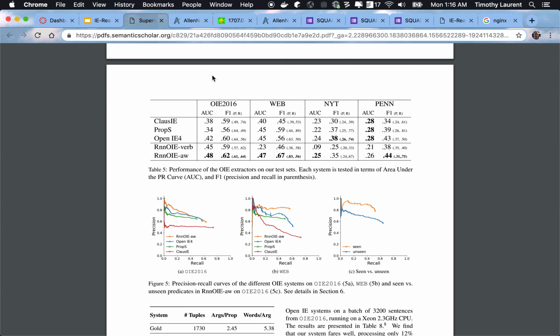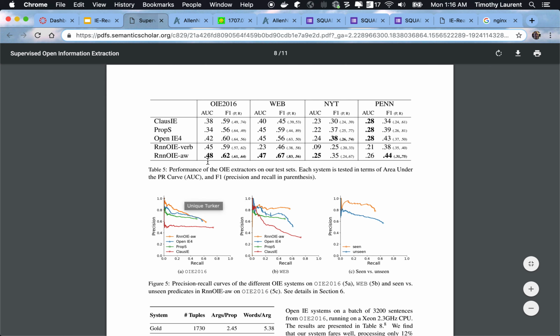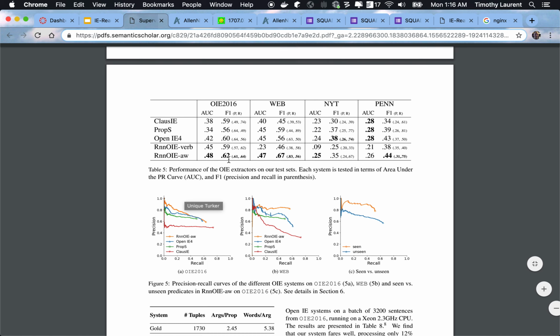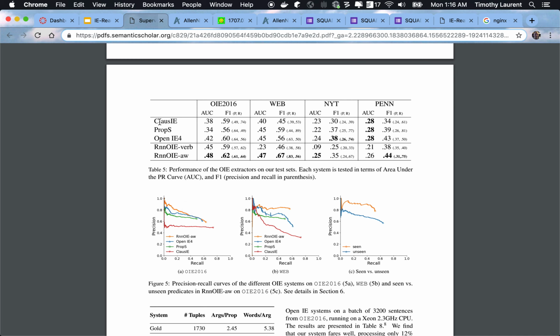So we can see here in the paper that this model achieved quite good improvement over the previous state of the art, Clause IE, which was a more rule based open IE approach that I also tried, that used more regular expressions and rule based logic.